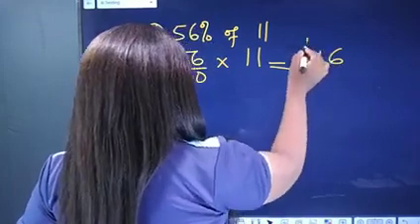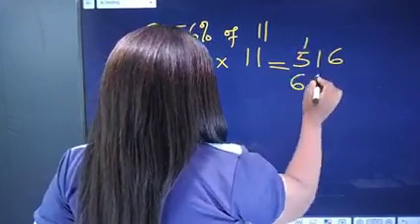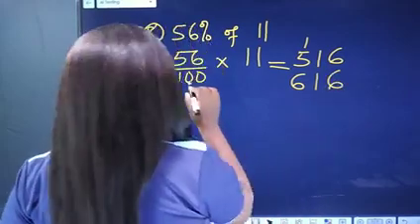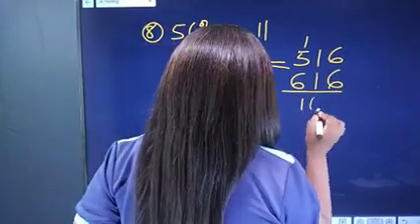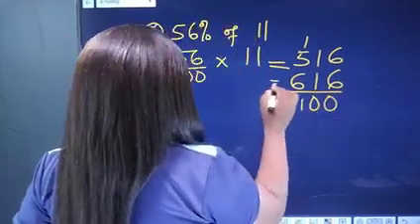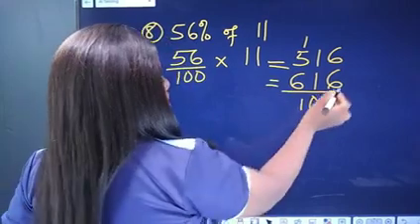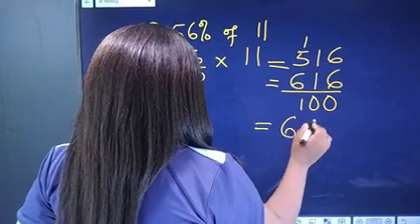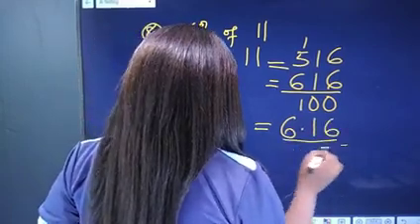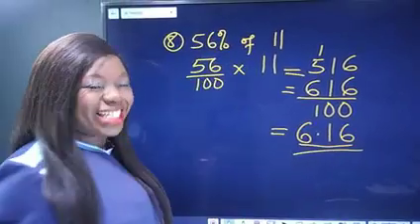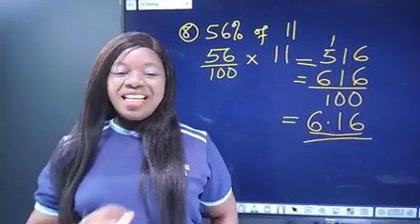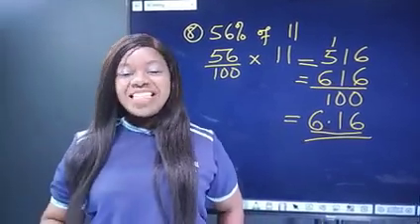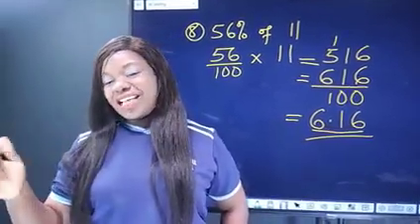Write 1, carry 1, and that's 616 divided by 100. So that will be 1, 2. The answer is 6.16. Now this is how to find percentages of numbers, different from 5%, 10%, 20, 30, 40%.